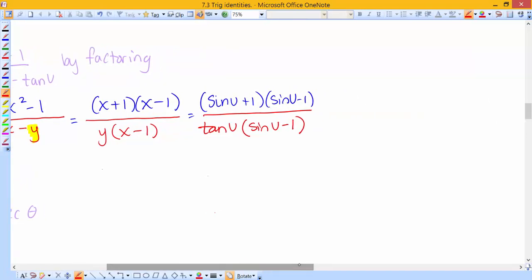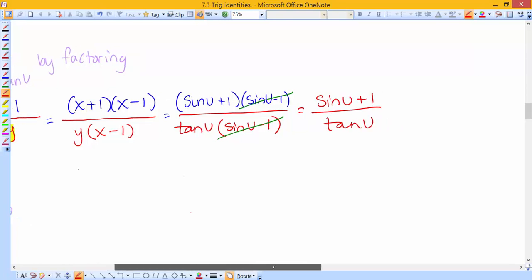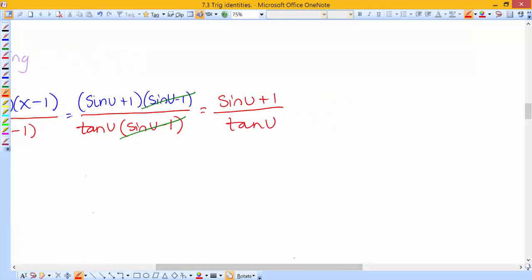Okay, that actually helped me out a lot because now I can cancel a sine u minus 1, which I wasn't going to see unless I factored. So I am now left with sine of u plus 1 over tangent of u. That one's pretty much done. You might have to take this one further in the next example.